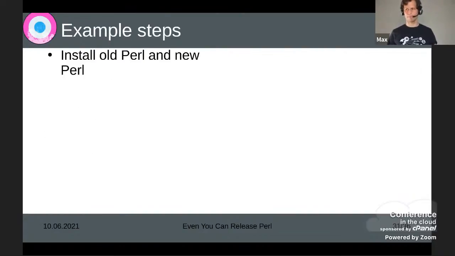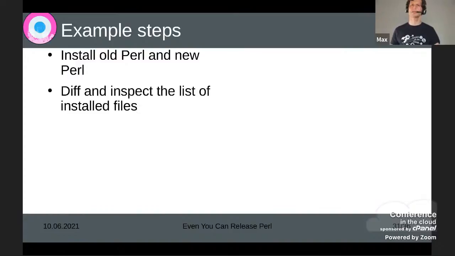So for example, there is one step in the release where you install the old Perl version and the new Perl version into 2 separate directories. And then you compare the list of installed files between those versions. And yes, that could maybe be written as a test that no new files get installed. But that test doesn't help if actually new files get installed.